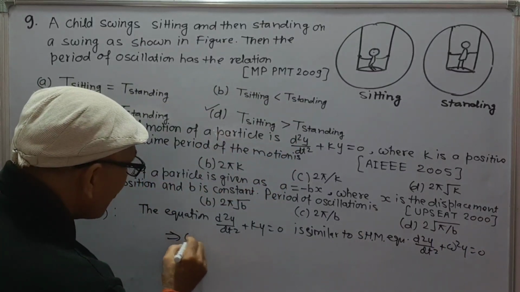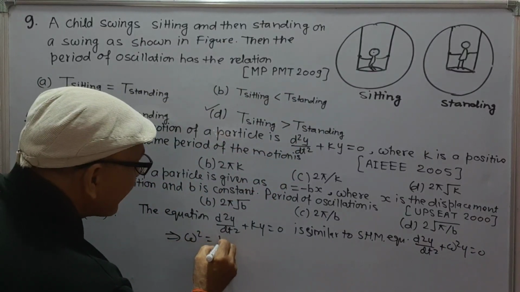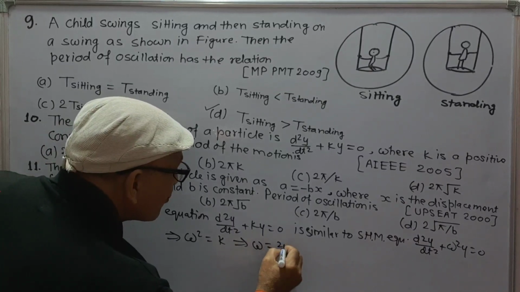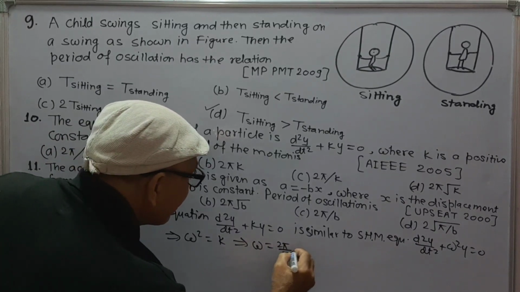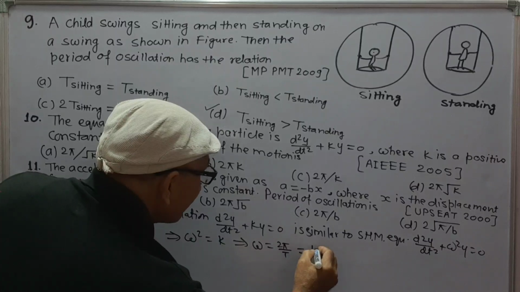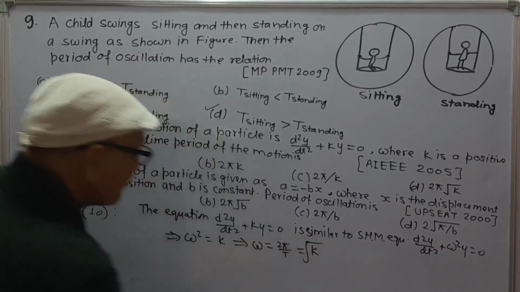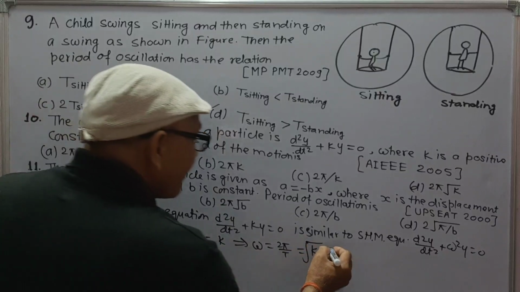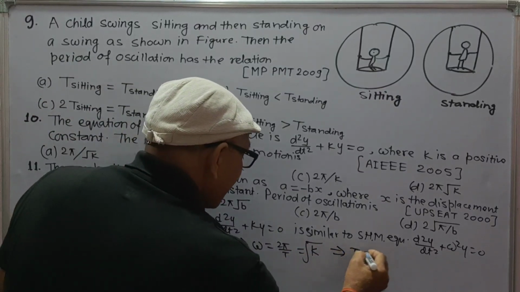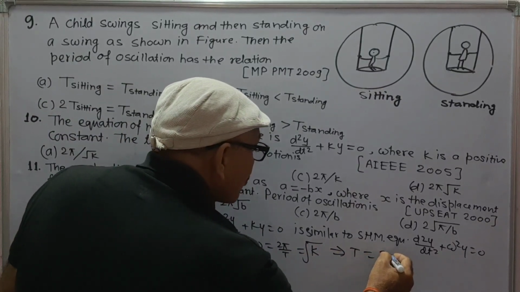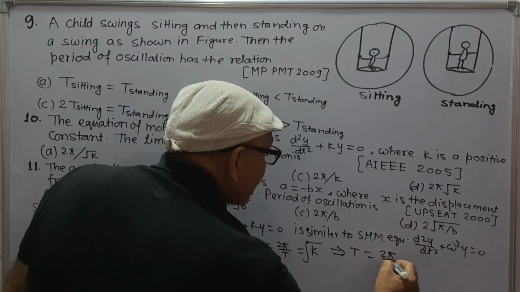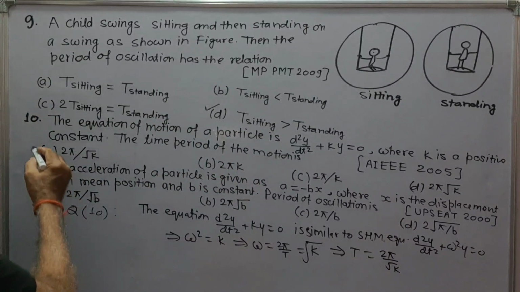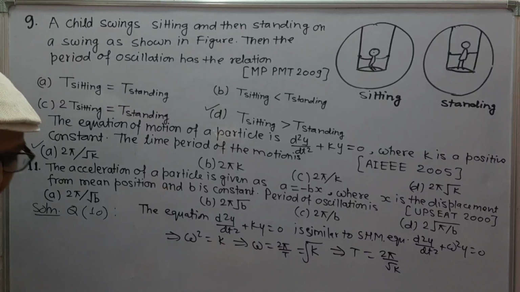Thus omega square is equal to k, omega is equal to 2 pi upon T, omega will be equal to under root k. Therefore T will be equal to 2 pi upon root k. So the correct option will be A, 2 pi upon root k.